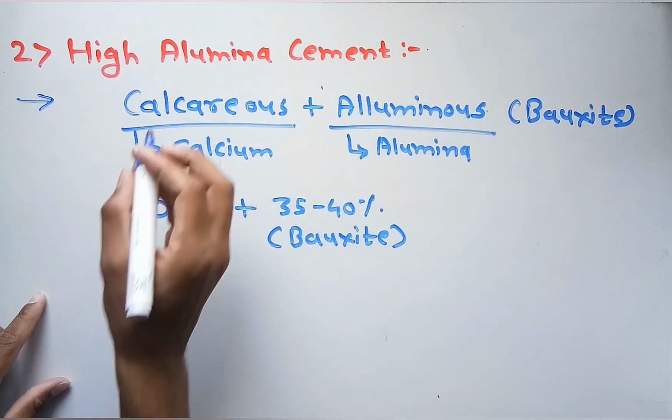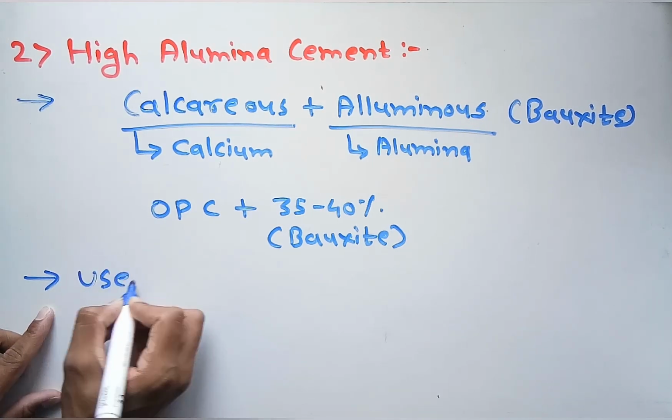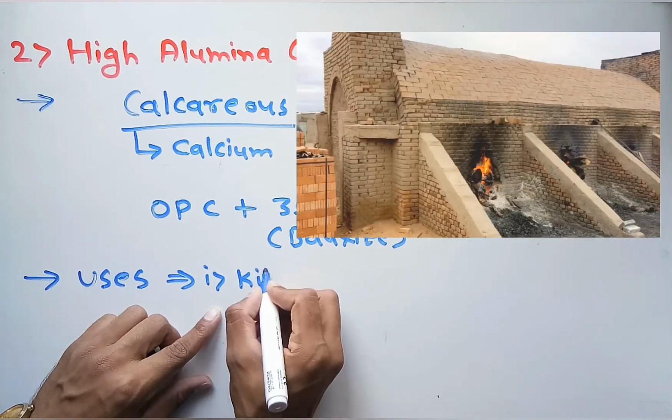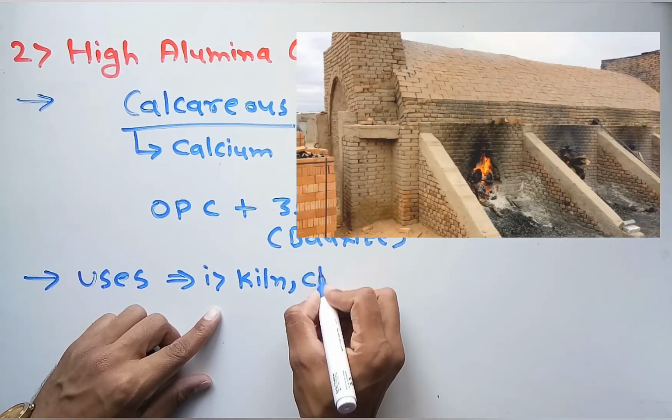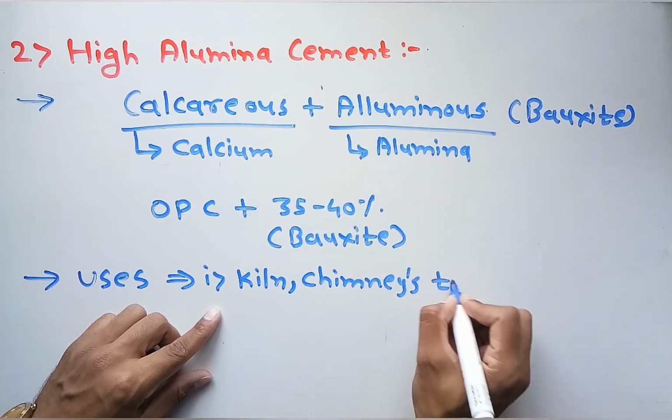Now we will see the uses of high alumina cement. It is used in kilns, furnaces, or chimneys to resist high temperature.